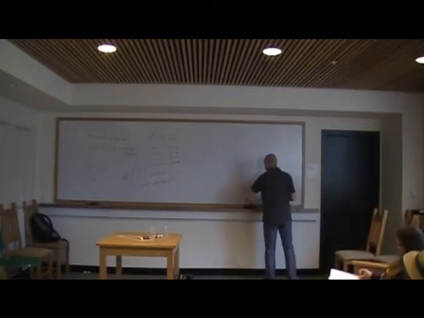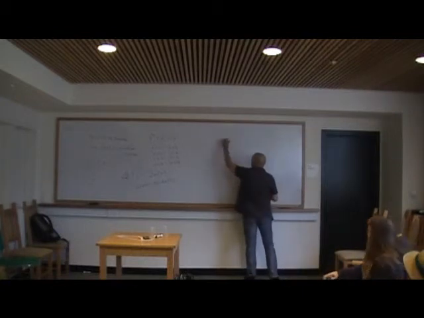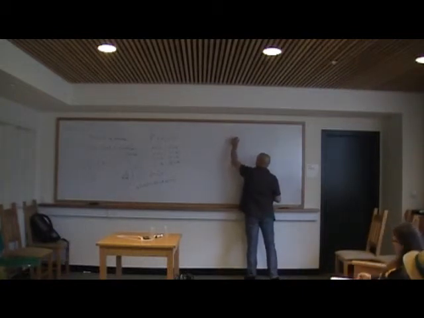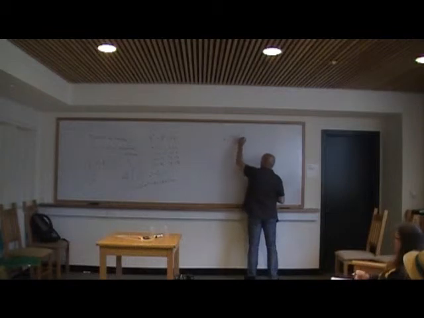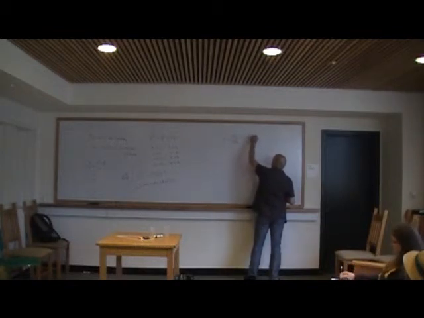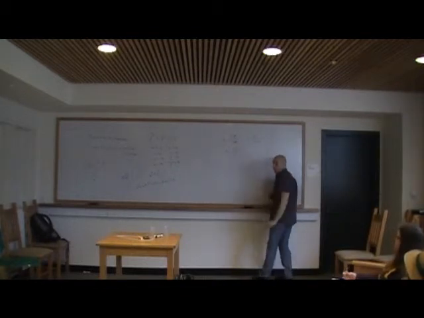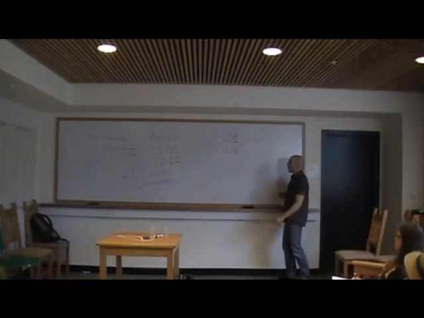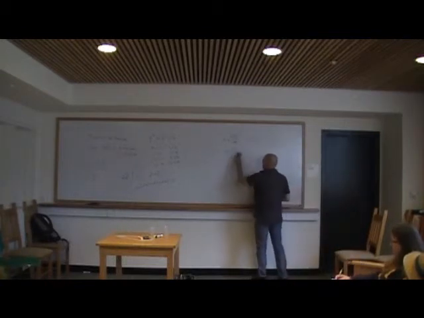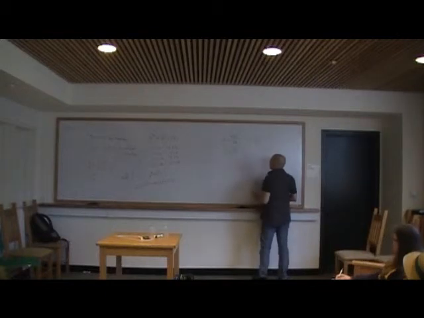That's absolutely right. So remember this formula we had? Remember this one? Yeah. Now t is a rational number, right? Well, this one is. No, I'm sorry. I'm going to call it u over v.